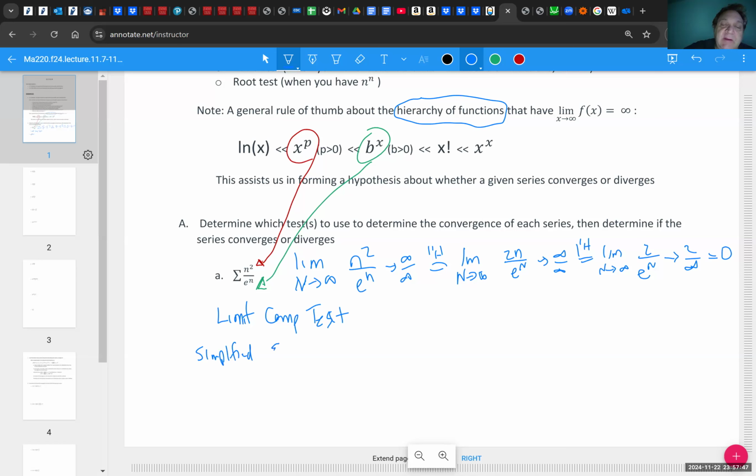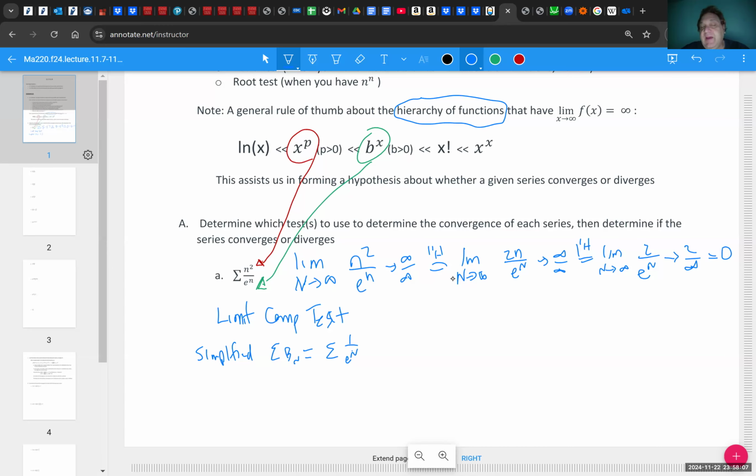We call it a bn. And remember, we said that n squared over e to the n, the n squared really just wasn't doing anything compared to the e to the n. We're just going to throw it away. So for a simplified function, you can do whatever you want. I'm going to throw away the n squared, and I have something like this.